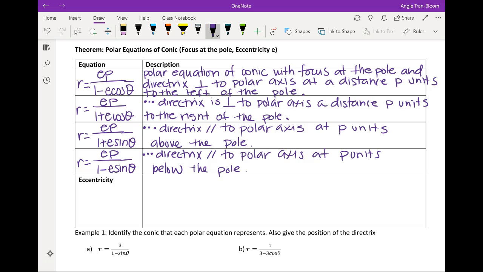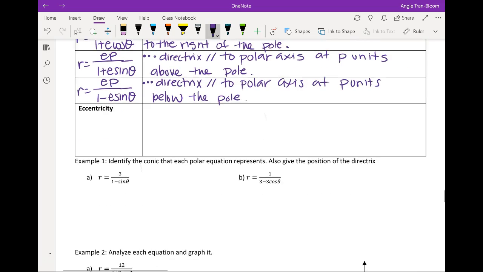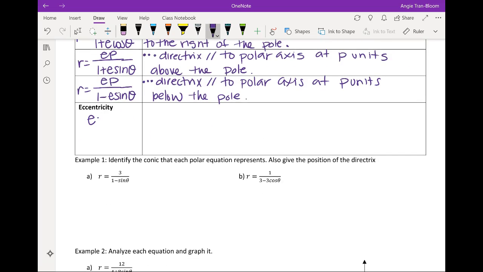All right. Well, if this represents parabolas, ellipses, and hyperbolas, how do I know which one's which? Use E. If the eccentricity is 1, what shape is that? Parabola.